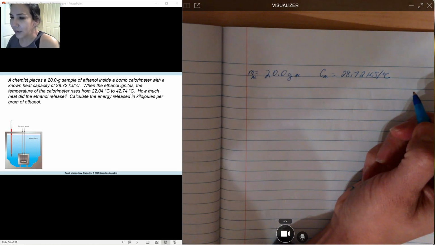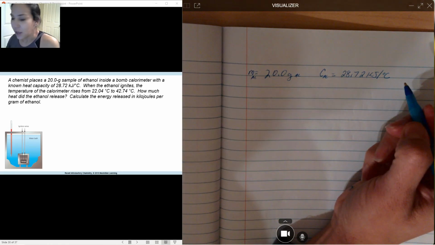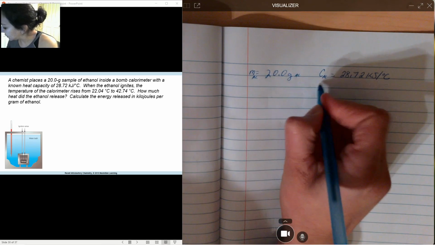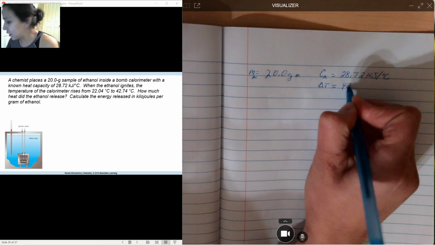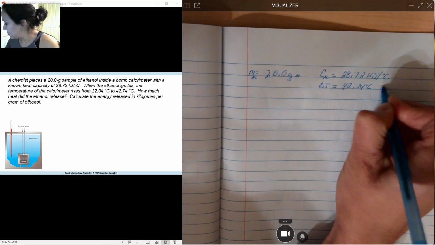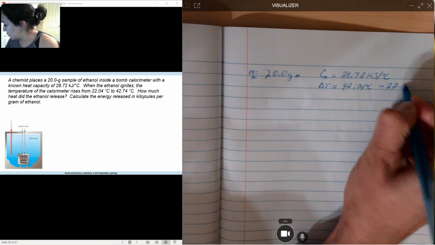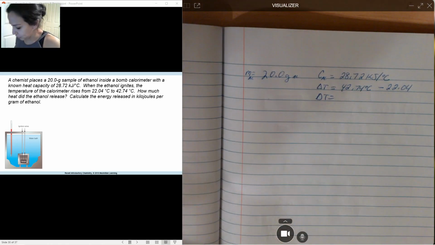When the ethanol ignites, the temperature of the calorimeter rises from 22 to 42 point something. All right, so the delta T of our calorimeter goes from 22.04 to 42.74 degrees Celsius. So let's figure out what our change in temperature is.